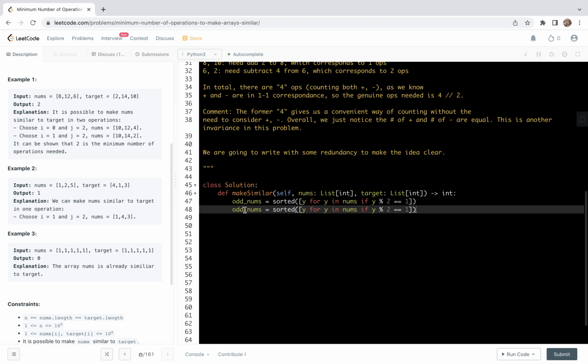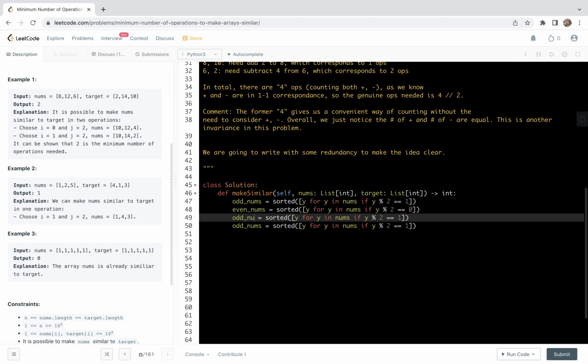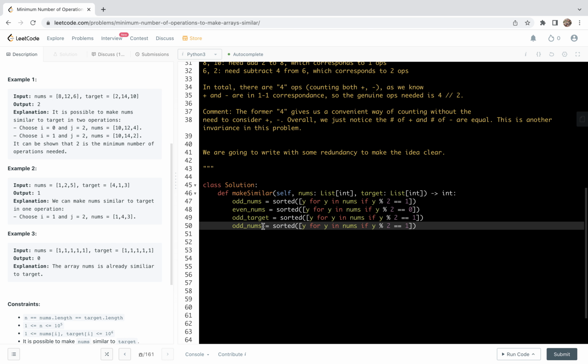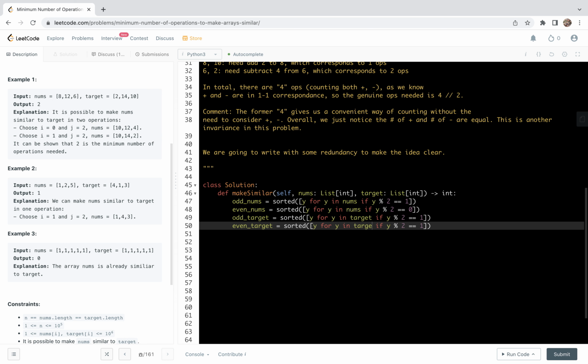Let me copy this one, and then what we are going to do is get the even part. So let's call it even. We want to change this 1 to be 0. So let me copy again. I'm going to change this odd nums to target, and change this to be even target. But now we want to change this nums to be target, right?